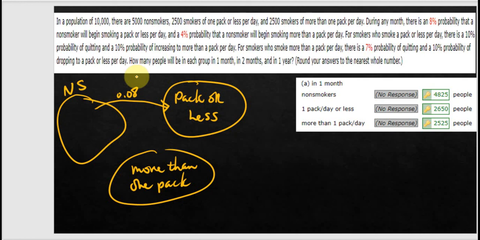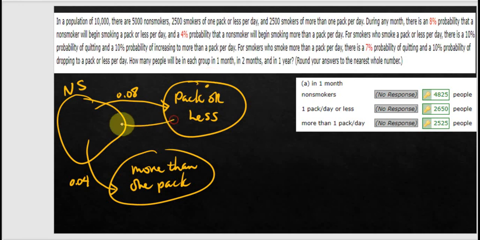Okay, let's get back. So the non-smokers, 4% probability that the non-smoker will begin smoking more than one pack a day. So that's here, that's 0.04. For smokers who smoke a pack or less a day, so we're here, 10% probability that they may quit.